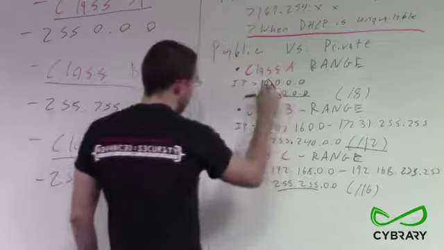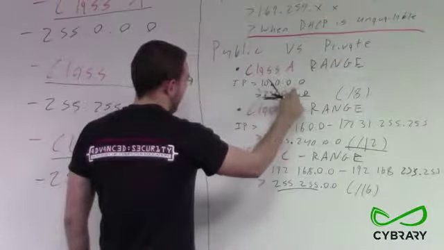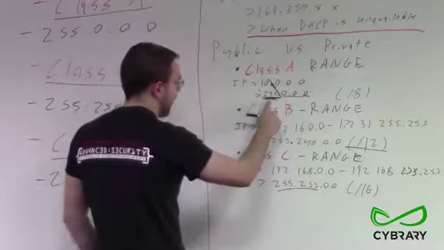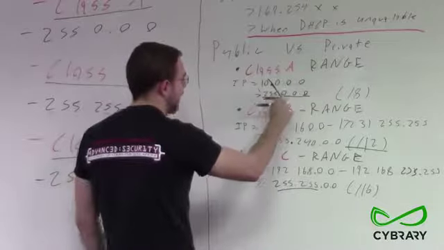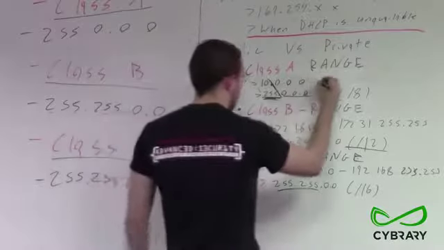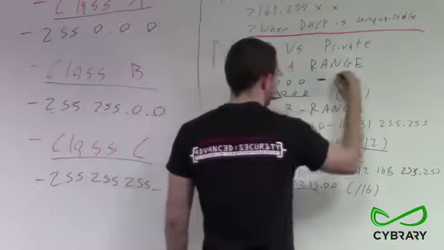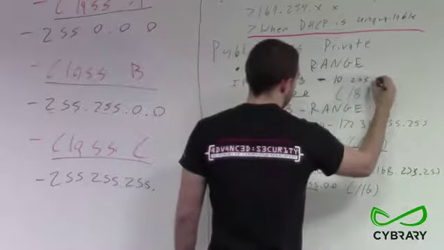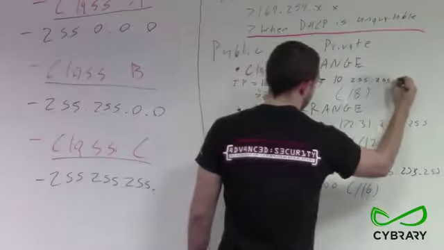So we're allowed to use this public address, 10.0.0.0, and then take all the addresses that a subnet mask of 255.0.0.0 would give us. So that gives us the addresses in the range of 10.0.0.0 through 10.255.255.255.